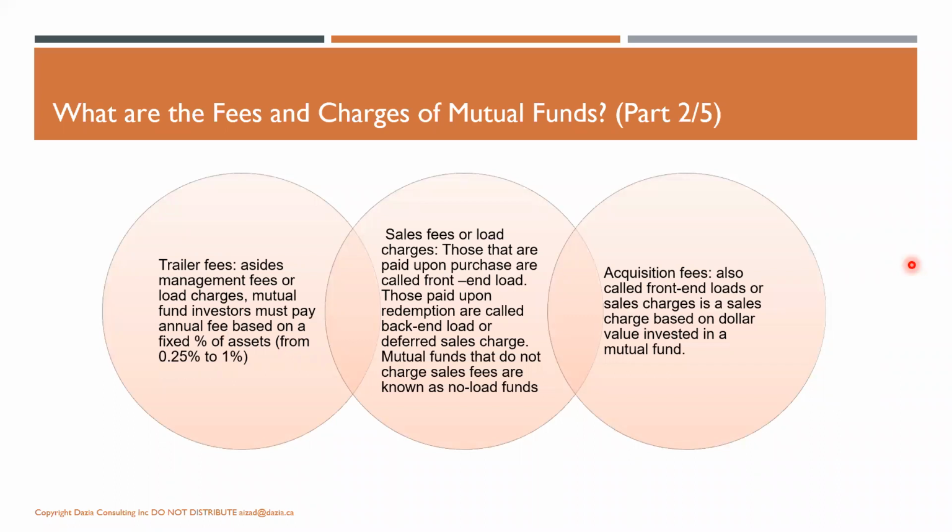The other fees you may have to pay are the trailer fees. Trailer fees apply if you buy your mutual fund through an investment company with an investment advisor: the mutual fund investors must pay an annual fee based on a fixed percentage of assets, from 0.25 to 1%. The investment advisor gets that percentage because they monitor.